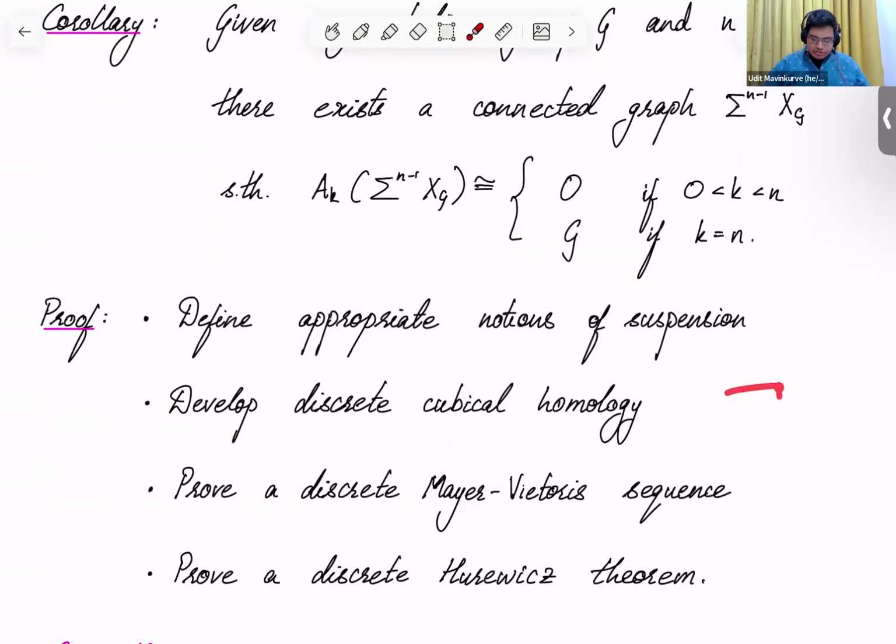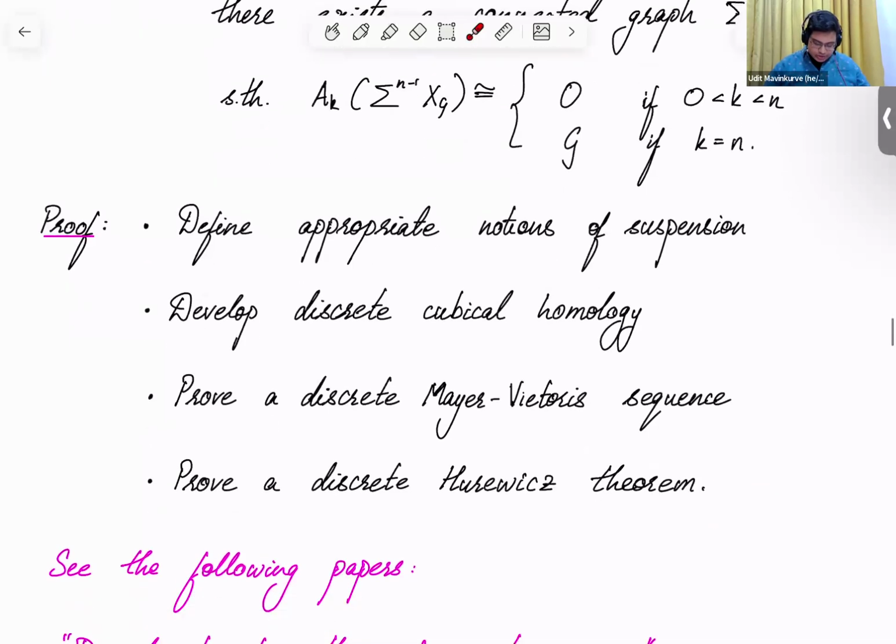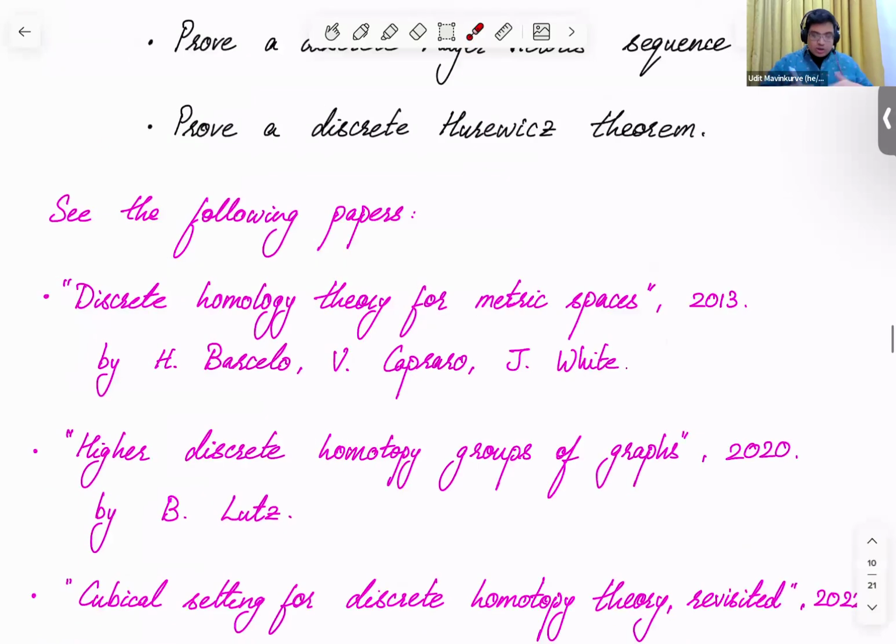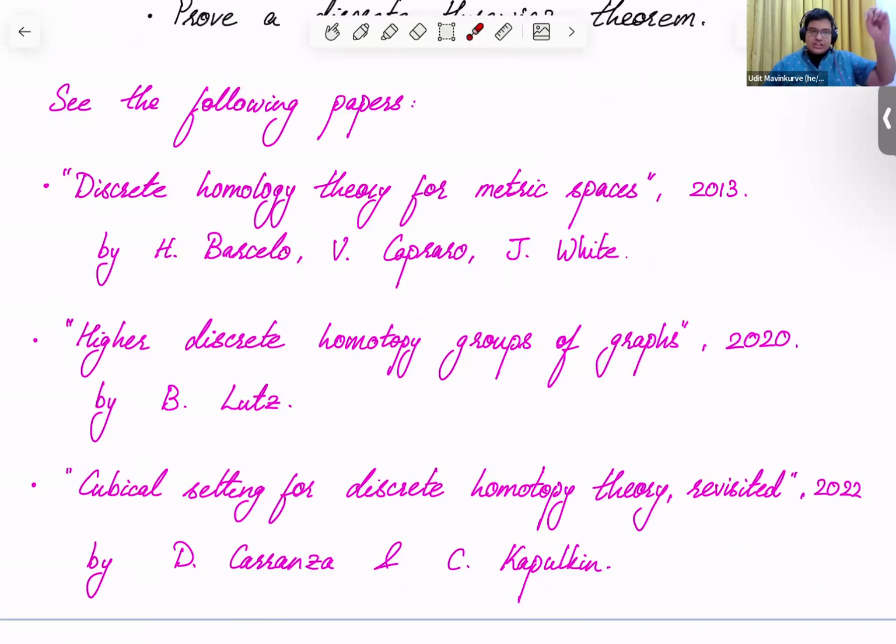And then you want to use Mayer-Vietoris and cubical homology, and you need a way to compare homology with homotopy groups. This is the work of a lot of other mathematicians. We just did the last step, which was constructing graphs with a specified fundamental group. The discrete homology theory was developed by Barcelo, Capraro, and White in 2013.